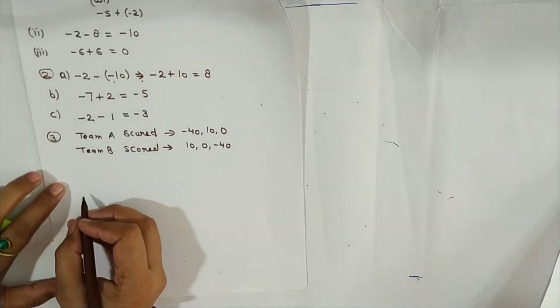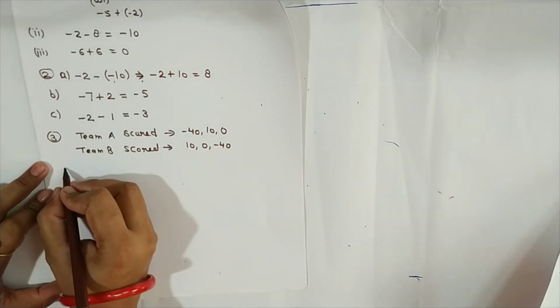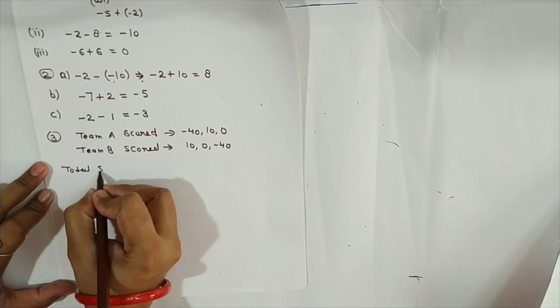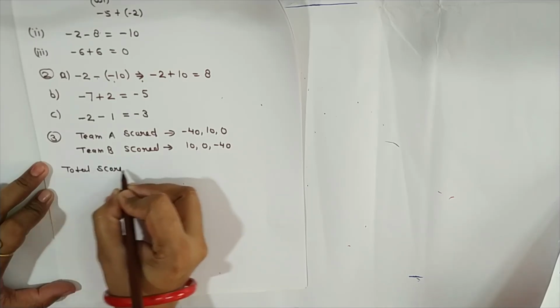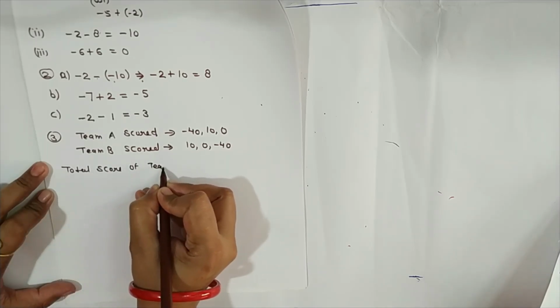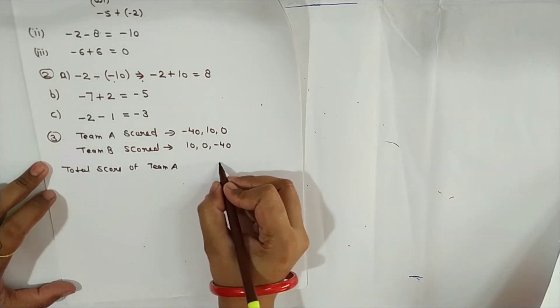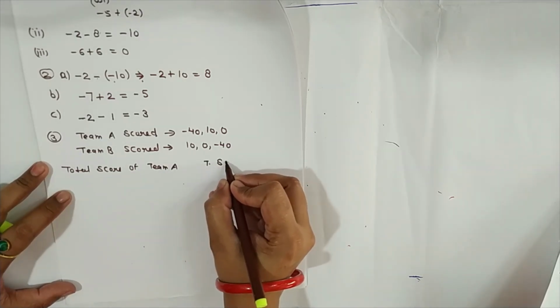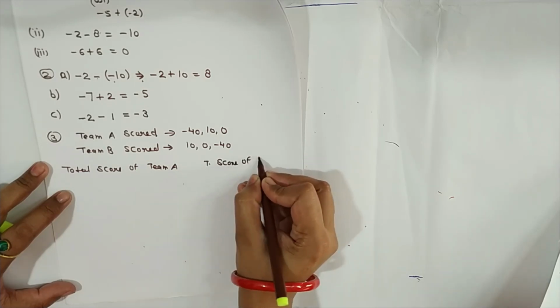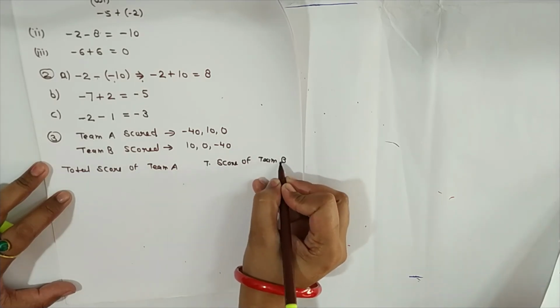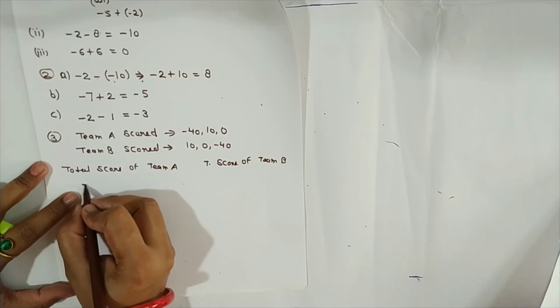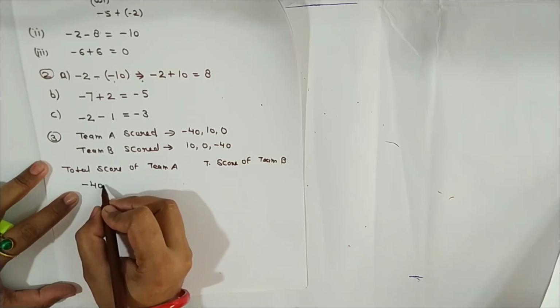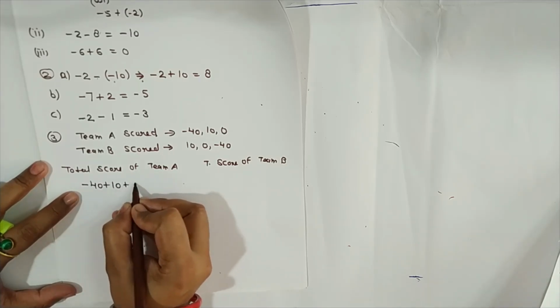Now the total score of team A, and here will be the total score of team B. This will be -40 plus 10 plus 0.